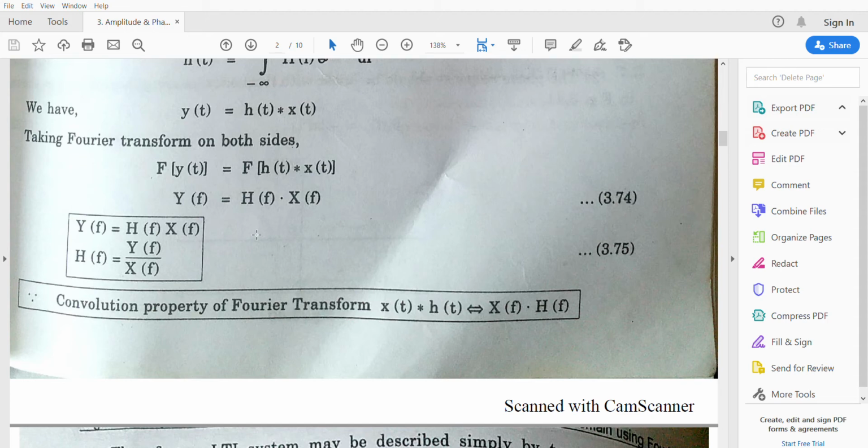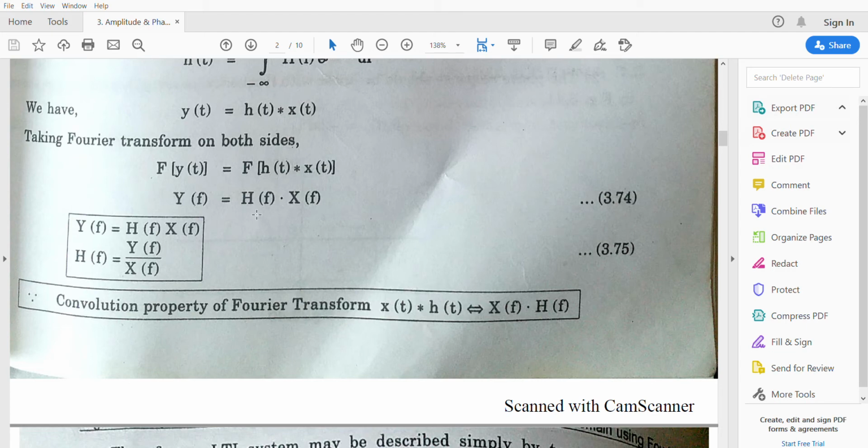Already we have seen the Fourier transform property that if we do convolution in the time domain and apply the Fourier transform, there is a multiplication in the frequency domain, which is comparatively easier than convolution.